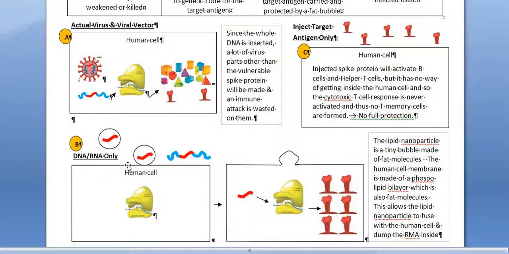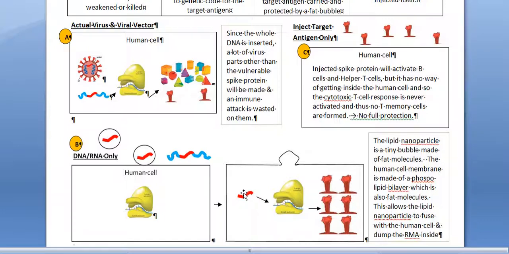The outer membrane is made of what's called a phospholipid bilayer, so it's also fat molecules. The fat attracts fat, and they can join together. So the lipid nanoparticle sticks to the fat of the membrane of the human cell, and then they join, and it opens up and dumps that messenger RNA inside.